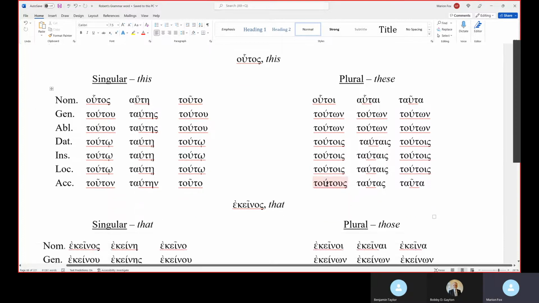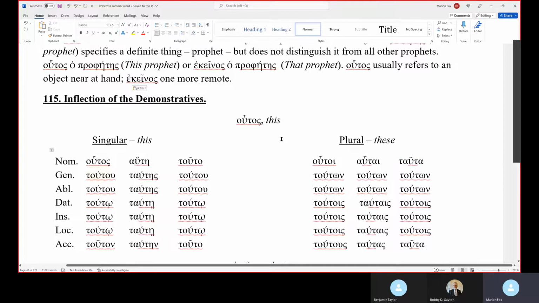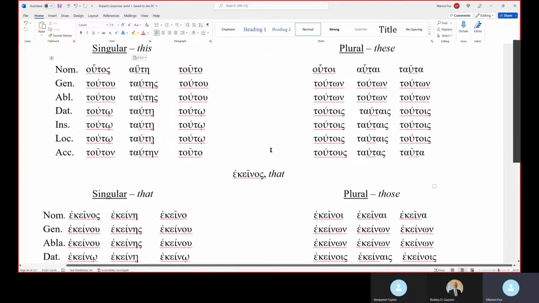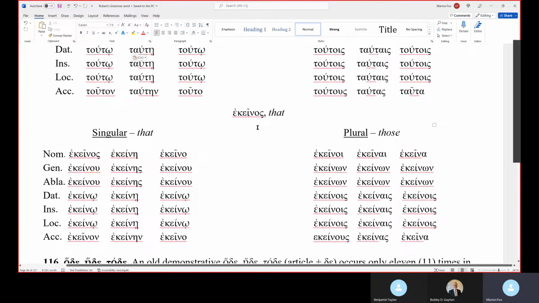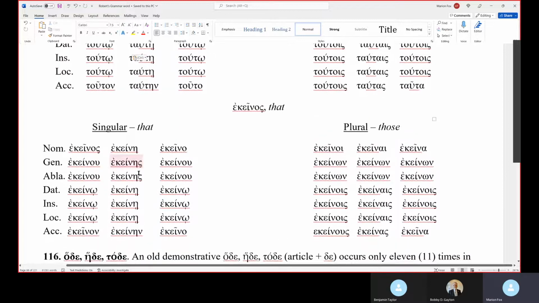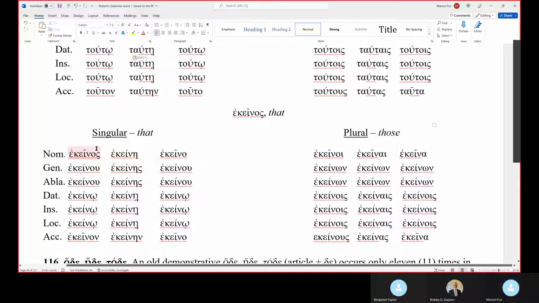Now, we have this, and then we have that, ekeinos, and ekeinou, genitive ablative, ekeinō with the iota subscript is dative instrumental locative, and then ekeinon, that's your accusative.